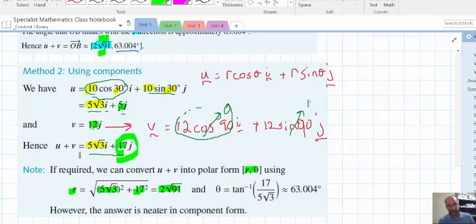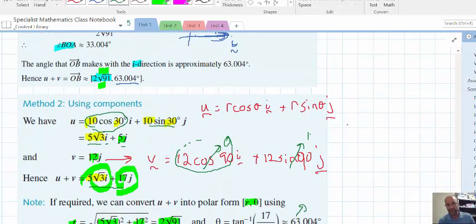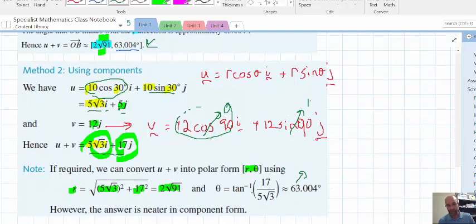And theta is inverse tan of y on x, so inverse tan of 17 on 5 root 3, and just be careful, you might want to draw a diagram there just to make sure the 63 is the right angle, and we know from previously it is. There it is. Okay, but I recommend you always draw a little diagram just to make sure tan is spitting out the correct angle in the correct quadrant. Alright, so always draw a diagram, and there we go.